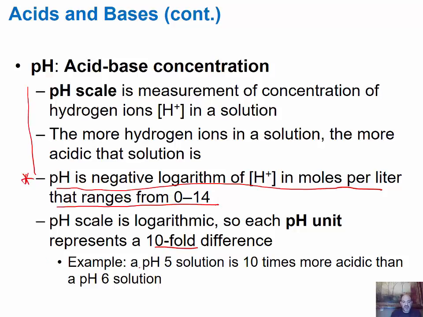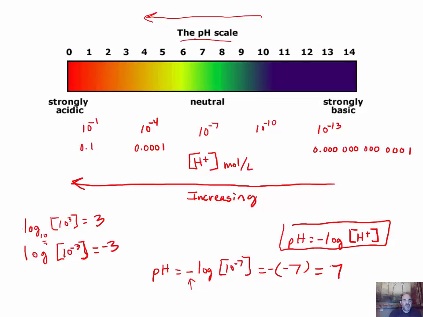So we look at the example here. It says a pH of 5 solution is 10 times more acidic, which means it has 10 times the concentration of hydrogen ions than one that's a pH of 6. Let's illustrate that back on our previous slide.